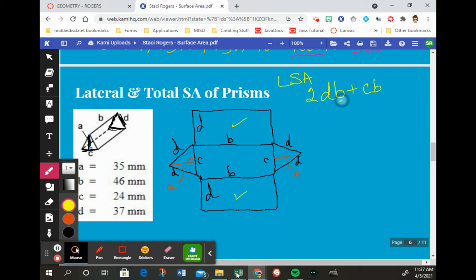See the B's in here? I'm going to take them out. So I have B times 2D plus C. This is my perimeter. This is my height. So I'm still using perimeter and height.